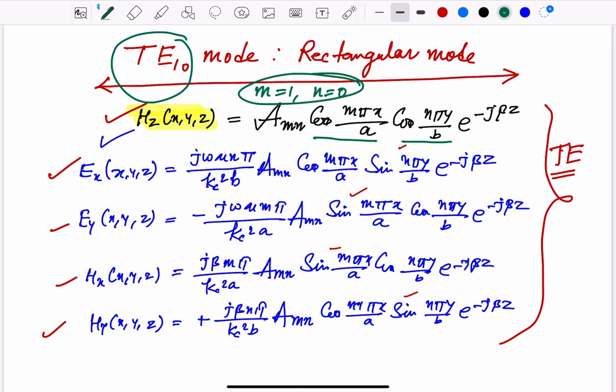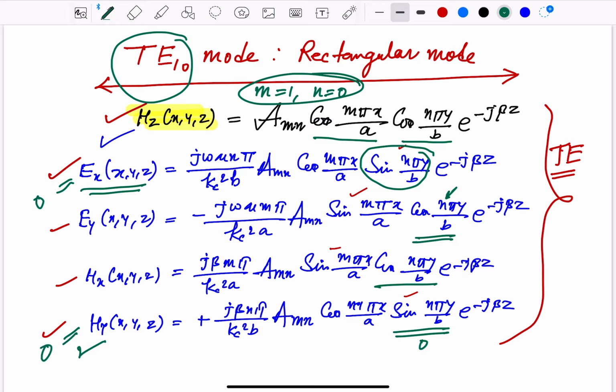If you see the Ey component, it has a cos factor with n, and n is 0, so that factor will be 1, and you will only get the sine component. Similarly in Hx, the cos(n pi y by b) factor with n equal to 0 gives cos 0, which is 1. And for the Hy component, this is completely 0, so that component will also be 0.